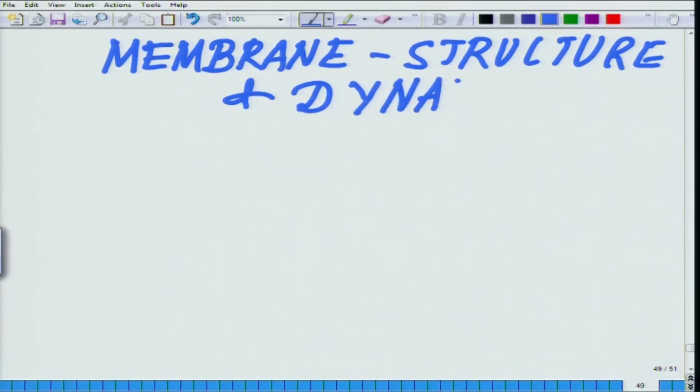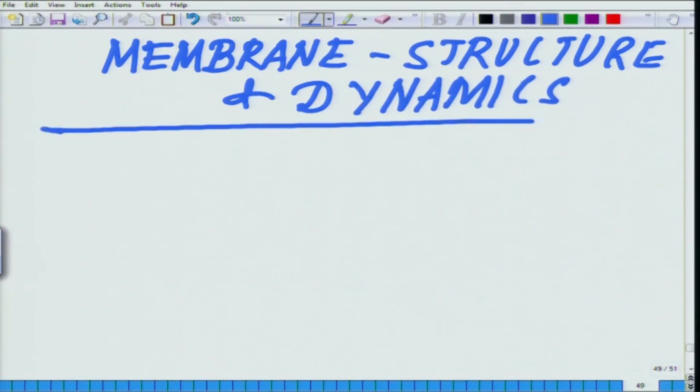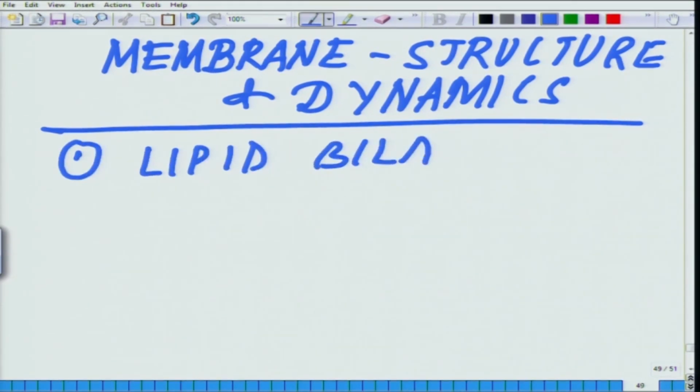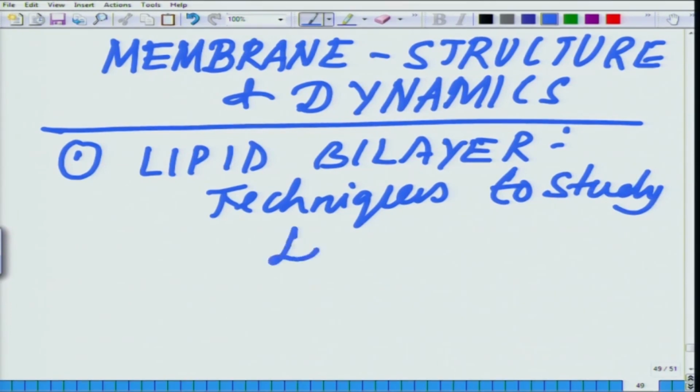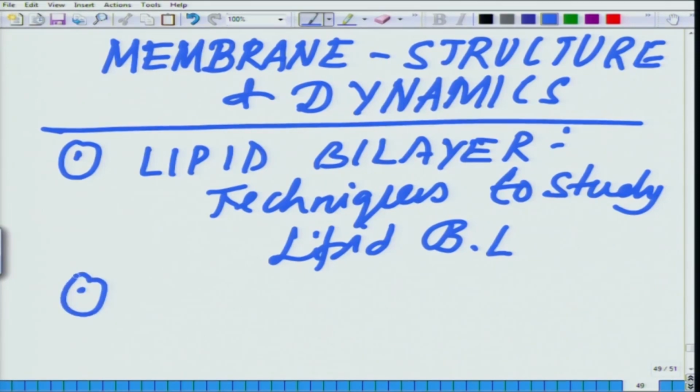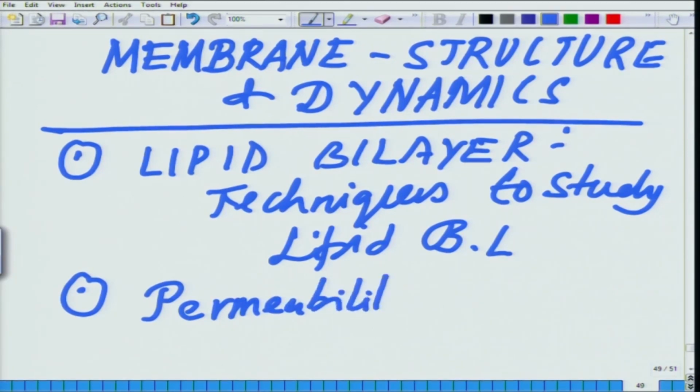And the topics which I am going to cover today include the lipid bilayer, and techniques to study lipid bilayer, just putting it as BL as a shortcut. Then we will be talking about the permeability. This is the second topic I will be touching in this lecture, permeability of lipid bilayer.